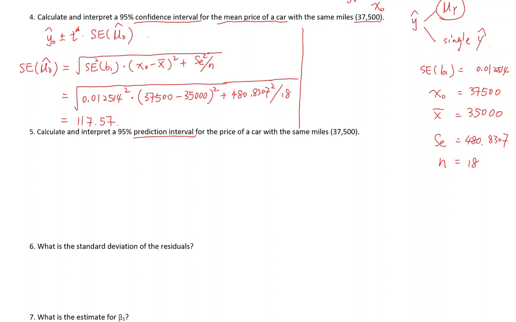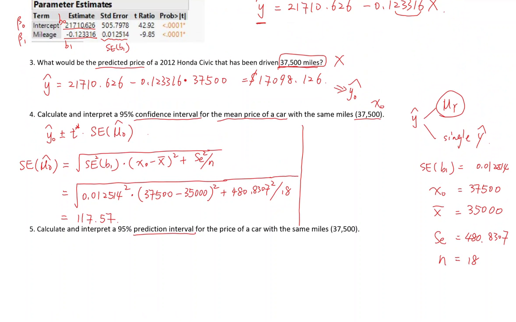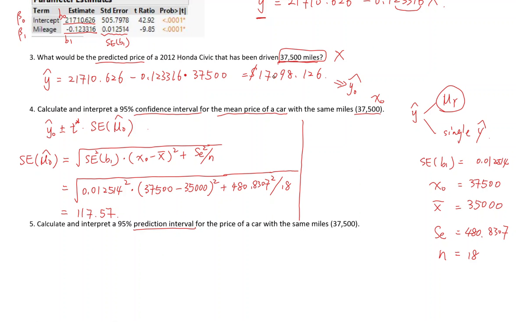It will be y0 hat, right? We just said y0 hat is the value of y when you plug x0 into the equation. So which is 17098.126 plus or minus the t star.